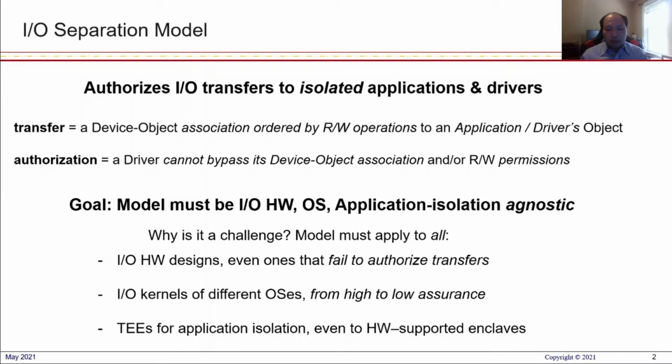Most IO kernels aim to separate IO transfers but fail to do so with any degree of implementation assurance. And most trusted execution environments provide some application isolation but fail to separate the IO transfers of otherwise isolated applications.